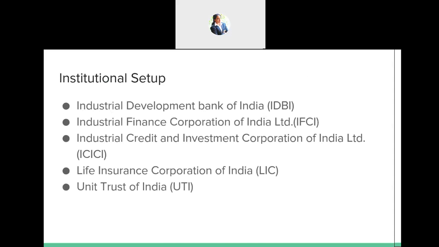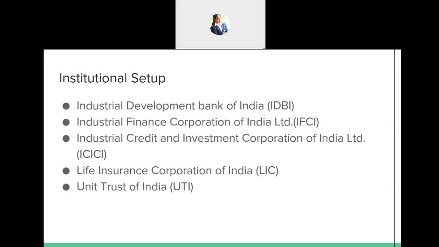So, moving forward, there are some institutions in India which help business organizations, or which provide the funds that are necessary for business organizations. The first among those is the Industrial Development Bank of India.